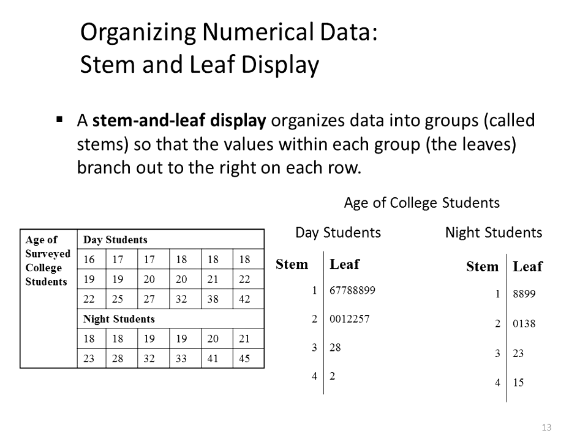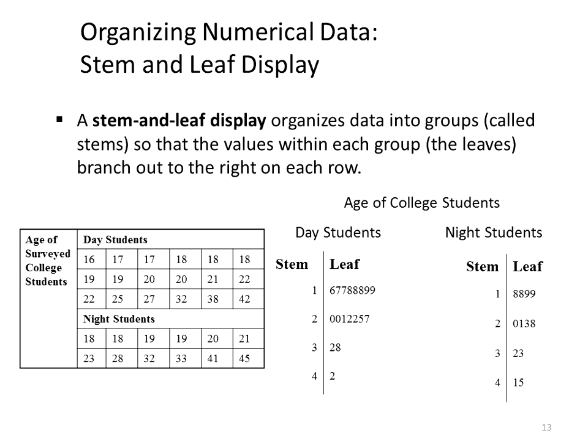In this data set, the leading digits will be 1, 2, 3, and 4, the first digit of each number, whereby the trailing digits, the leaves, are going to be the second digit.